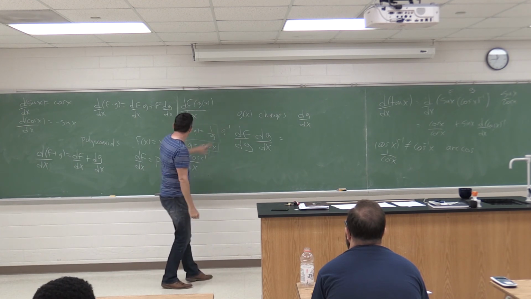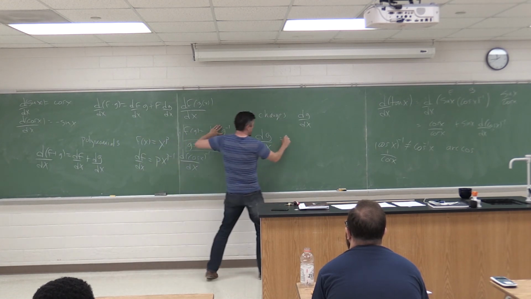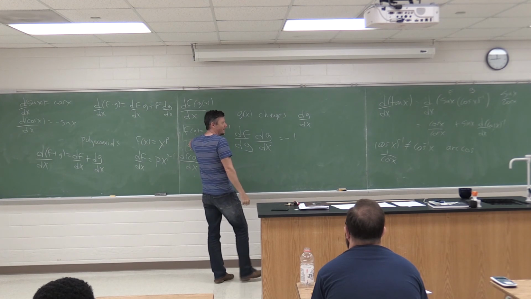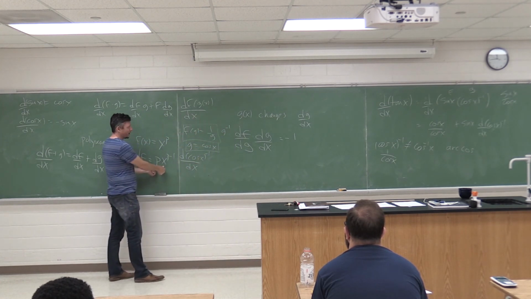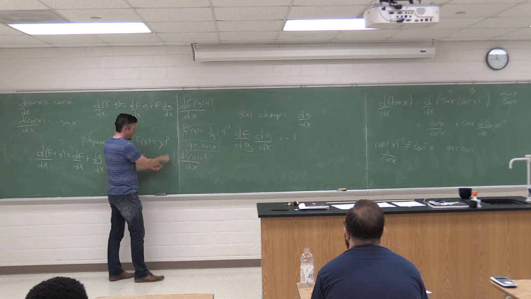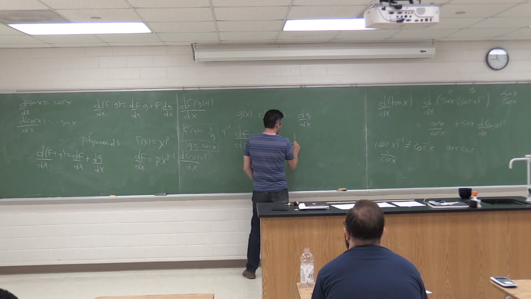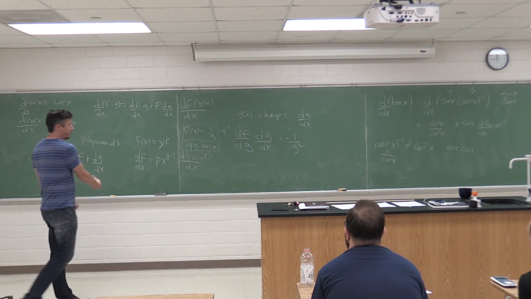We're using the power rule: p x to the p minus 1. Minus 1 minus 1 is minus 2, so that's negative g to the minus 2.